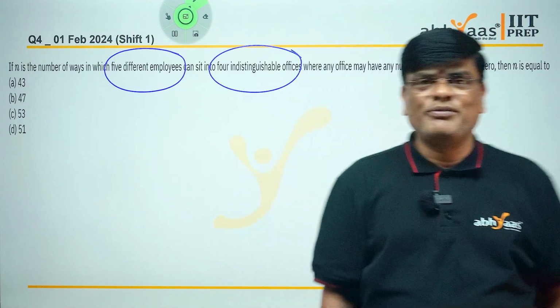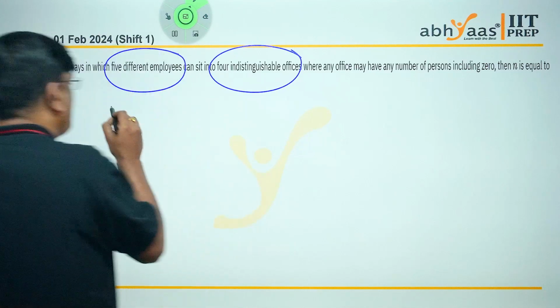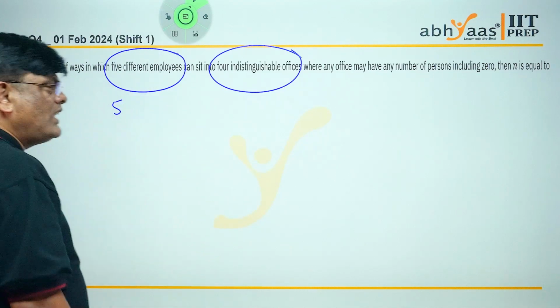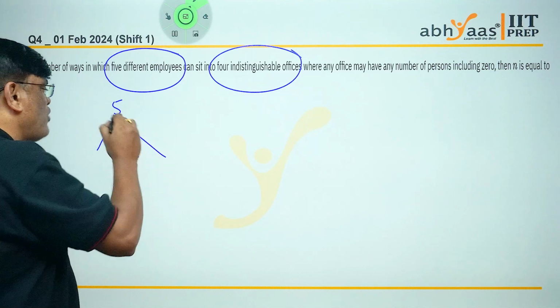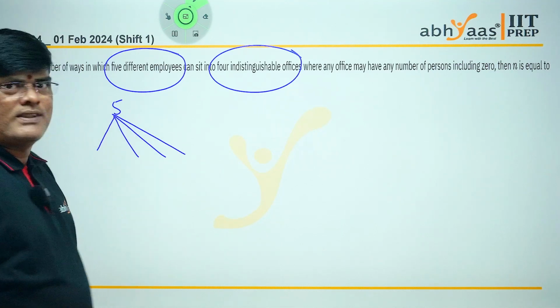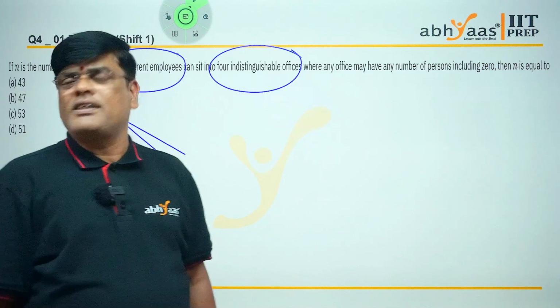Total employees are 5 and we have to divide them into 4 groups, such that an office may contain 0 employees also.